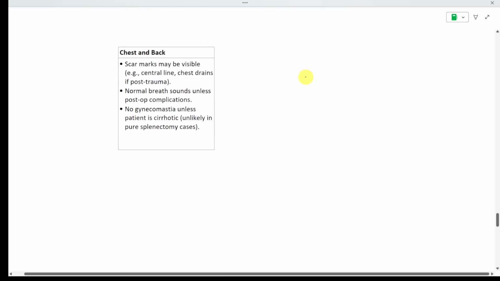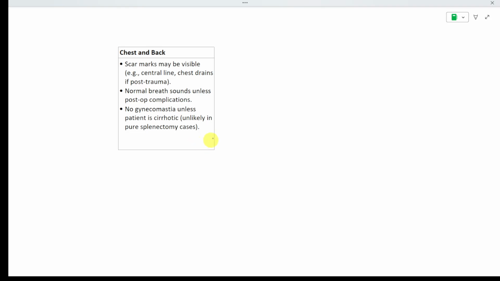Then chest and back, so mostly it will look normal. Again, if the patient had some liver problems along with the spleen problem, then you may see signs of chronic liver disease such as gynecomastia, spider nevi, loss of hair on the chest. Otherwise it might be fairly normal.